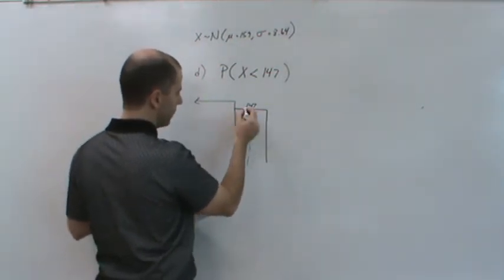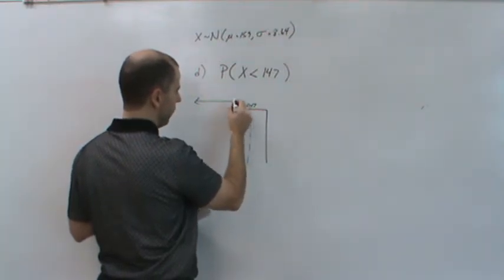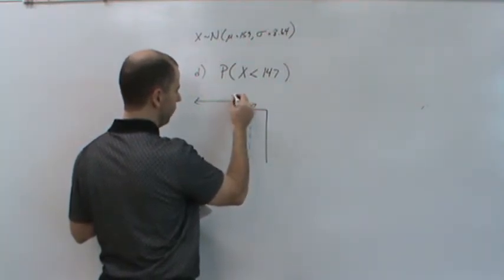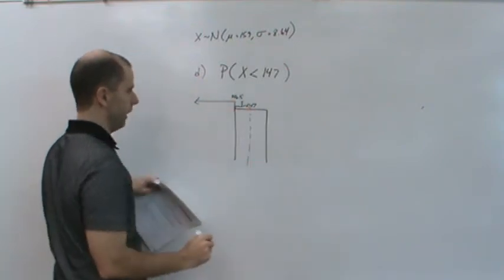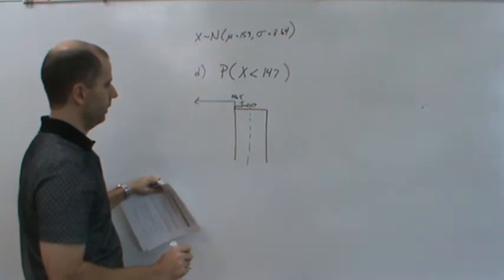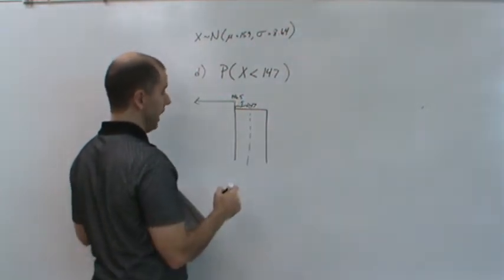What's that boundary? It's going to be 0.5 away, so this will be at 146.5.